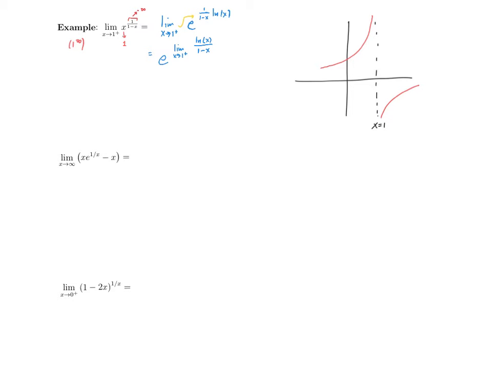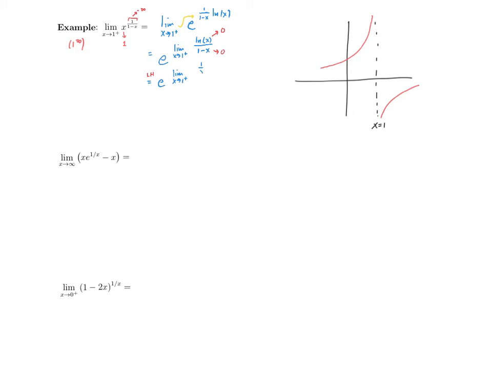And note in this case, I'm just going to keep it all together and evaluate it because I think it's going to work out fairly quickly and efficiently. As x approaches 1, natural log goes to 0. As x approaches 1 from the right, 1 minus x also goes to 0. So this limit can be evaluated using L'Hopital's rule. So we would have e raised to the limit as x approaches 1 from the right.